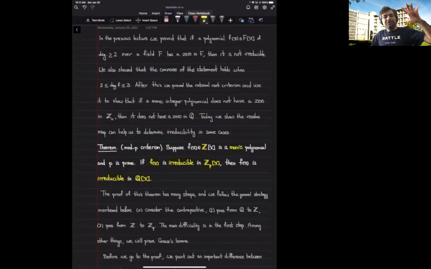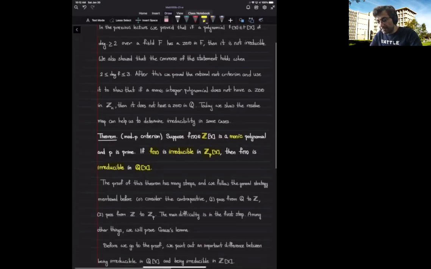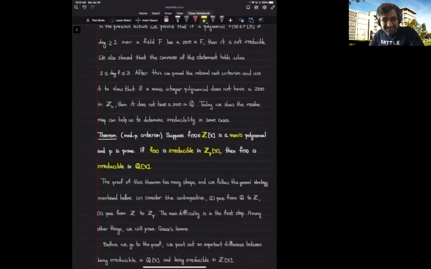So we go from this finite object of mod p numbers, so the coefficients belong to this finite ring, to the infinite ring of rational numbers. It's a pretty effective criterion if we get lucky. So if we actually manage to find a prime where f is irreducible mod p, then we can determine that f is irreducible in Q[x].